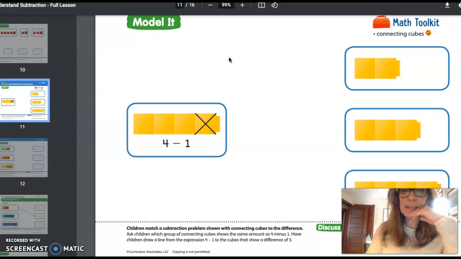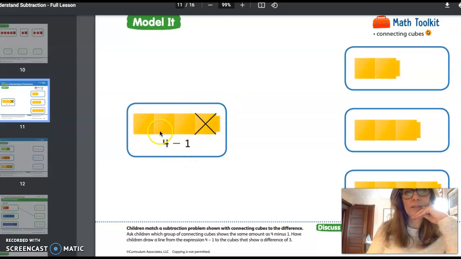So which group of connecting cubes shows the same amount as 4 minus 1? Okay? So which one is the same as 4 minus 1? So I want to make a match with what's left over after I take that 1 away.